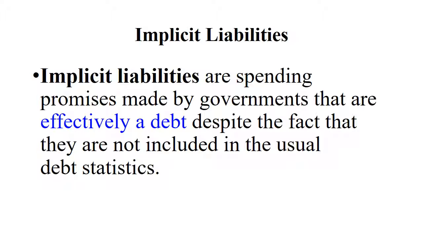So think of all the people in America that have started making payments towards their Social Security, for example, but they haven't actually retired yet. So they haven't taken money out yet. At the same time, these are liabilities for the government because that money will be leaving.